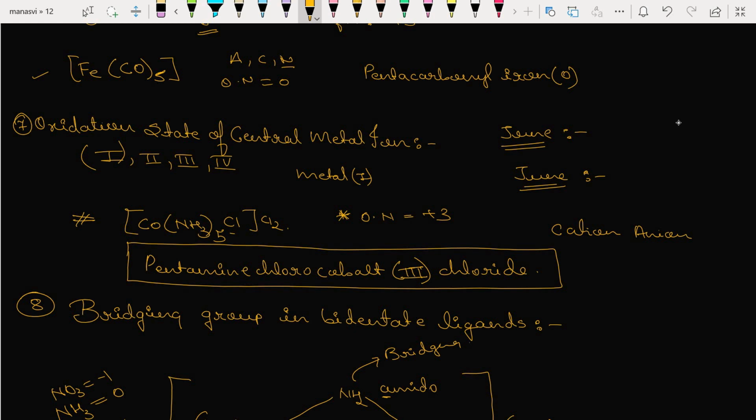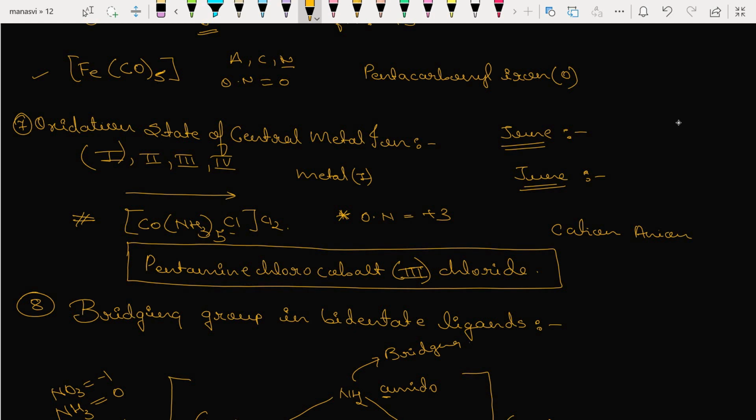Now, the oxidation number is found to be +3. Then start naming from left hand side to the right hand side. Now the name would be pentaamine. Write the names of the ligands first, then followed by the metal. Pentaamminechlorocobalt(III), that's the oxidation state, chloride.